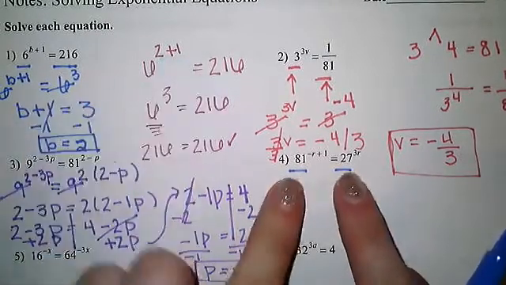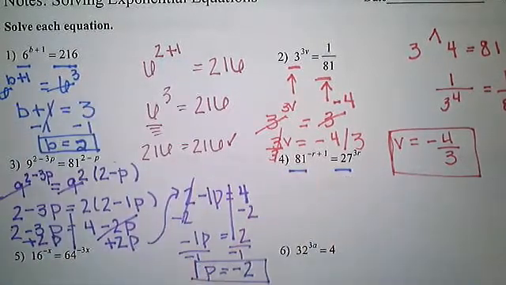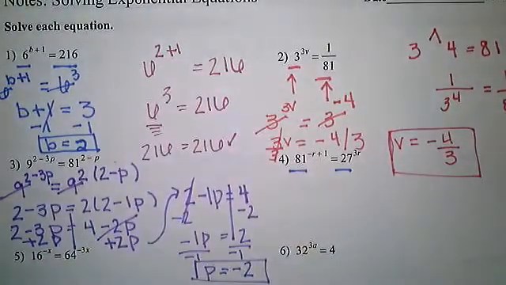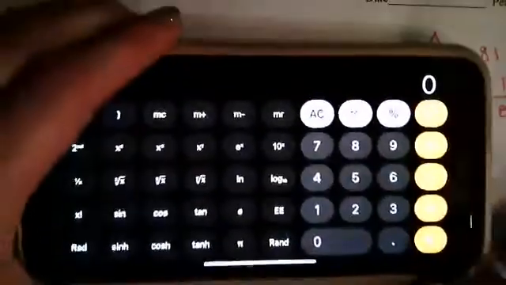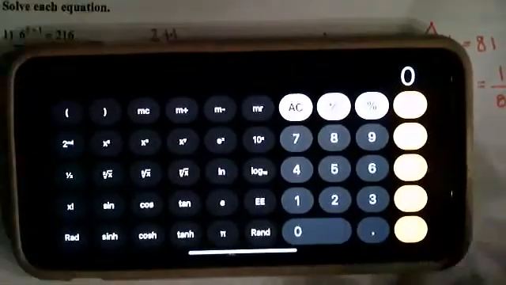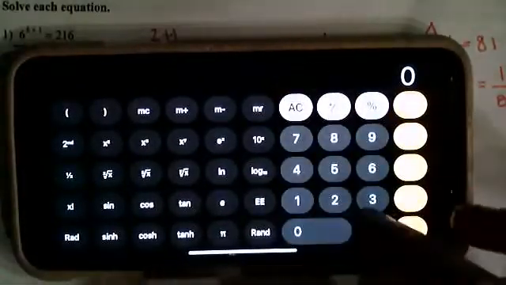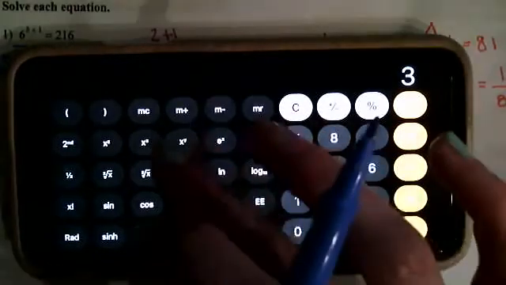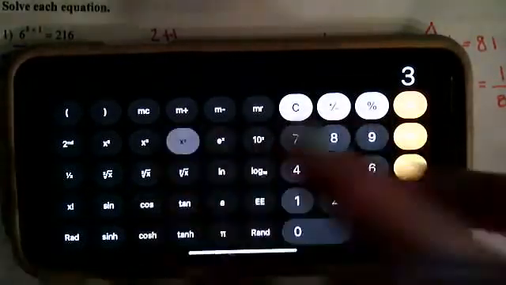I like to tell people if they're odd numbers, try 3 or 5. And if they're even numbers, maybe try 2, 4, maybe 6 or 8. So what you can do with your calculator, since it was 81 and 27, is play around with the first odd number 3 other than 1.